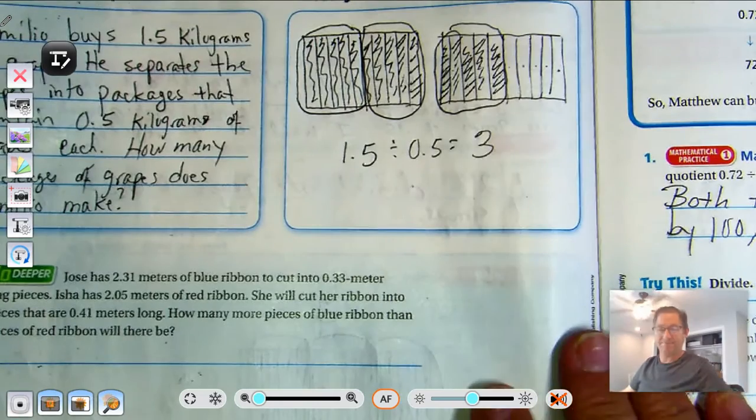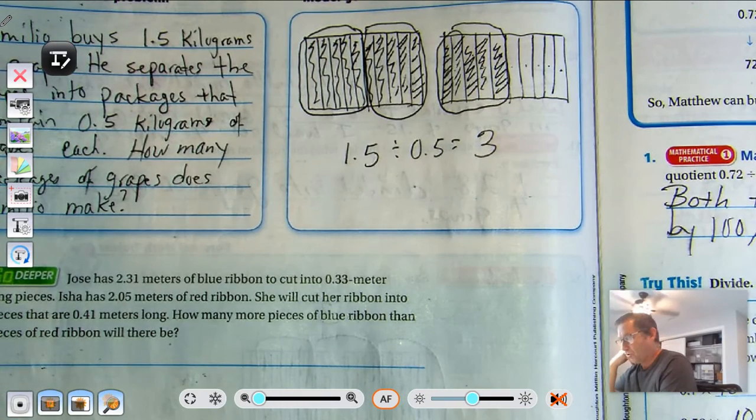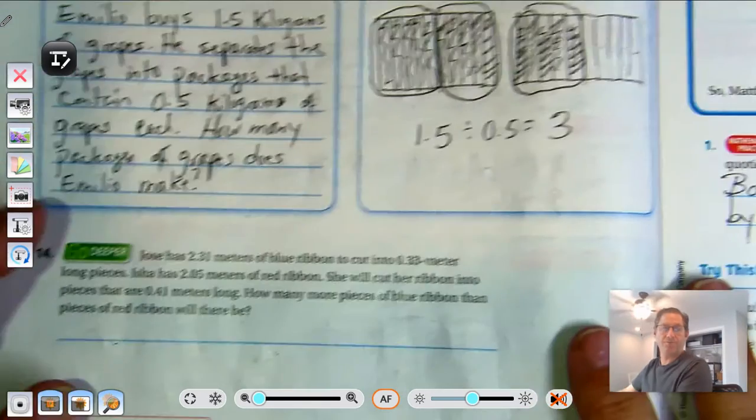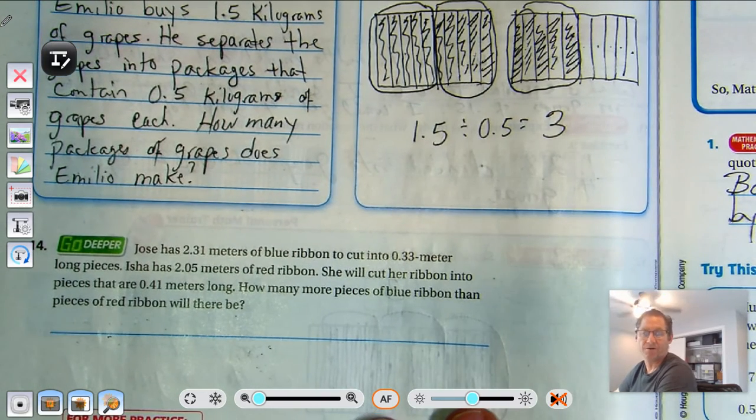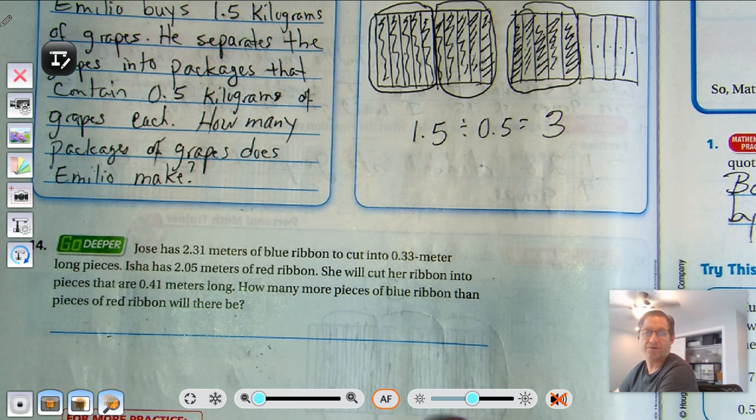And number 14. So Jose has 2 and 31 hundredths meters of blue ribbon to cut into 33 hundredths meter long pieces. Aisha has 2 and 5 hundredths meters of ribbon. She will cut her ribbon into pieces that are 41 hundredths meters long. How many more pieces of blue ribbon than pieces of red ribbon will there be?